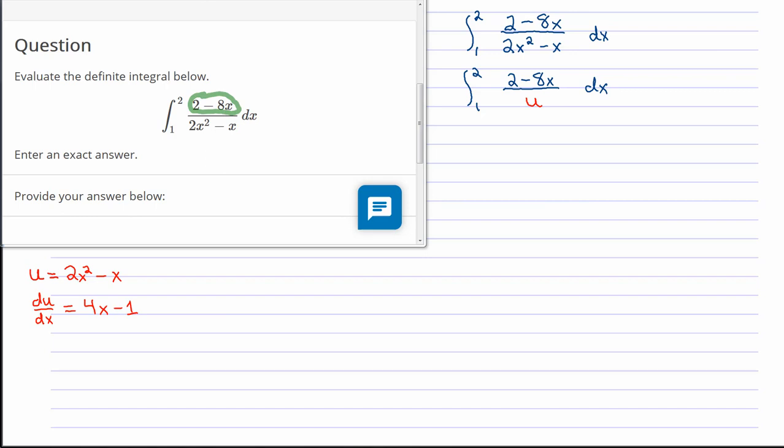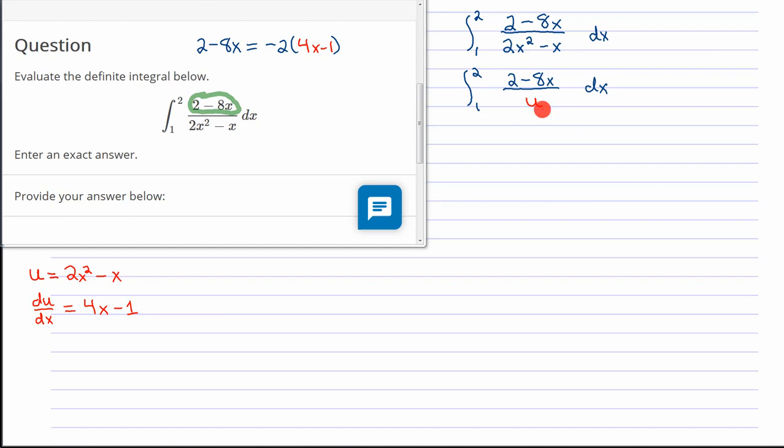I can say that 2 minus 8x is equal to negative 2 times that 4x minus 1. So these two are not the same, but they're close cousins, and that's important.